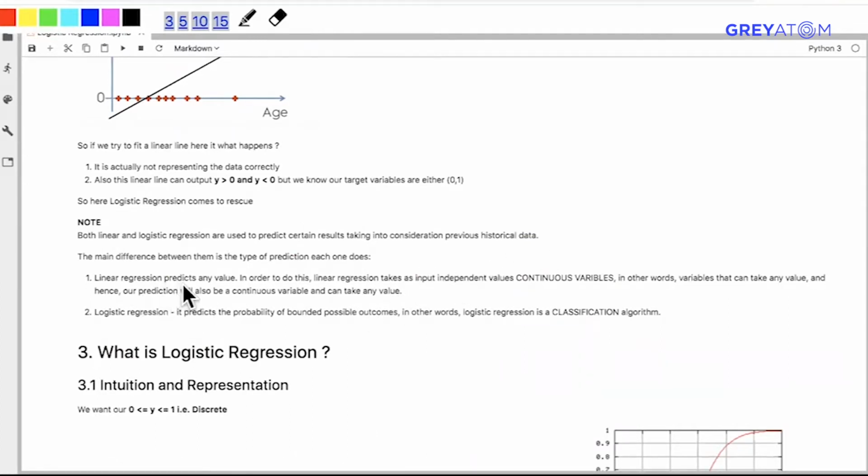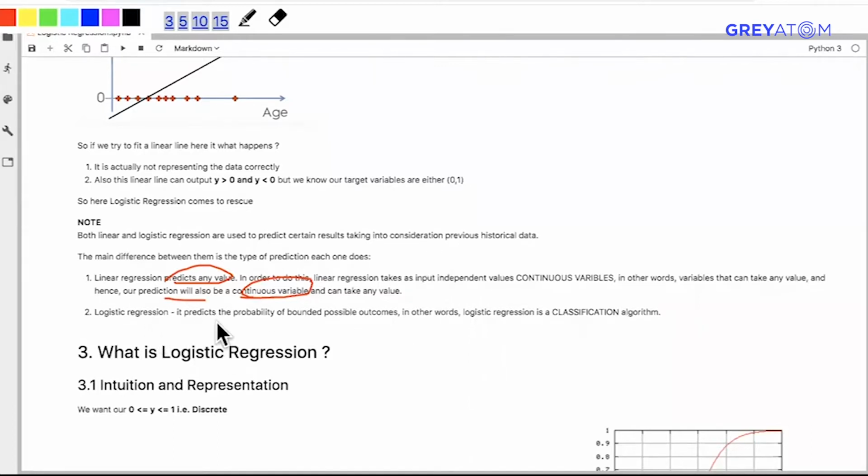Linear regression predicts any value, and for this we have a lot of independent variables. Just like we saw with years of experience, the output prediction was continuous. That means a salary could be any real number, from 0 to 10,000 or something like that.